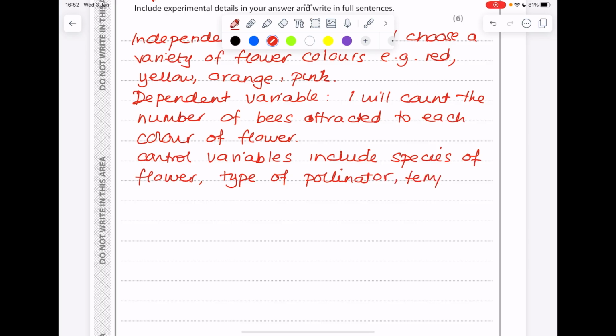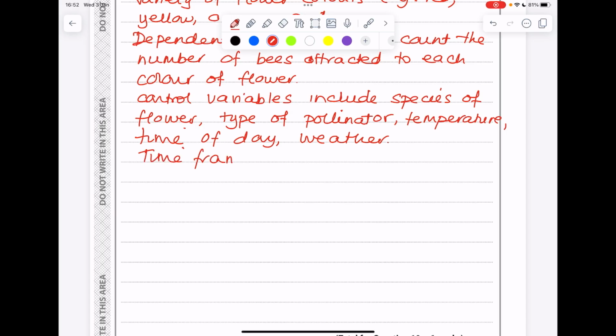Generic things like temperature, time of day, weather. I imagine if it rains more, that will keep the bees away. Let's pick a time frame, 1 day. And you must repeat and calculate an average, and that will guarantee your full marks.